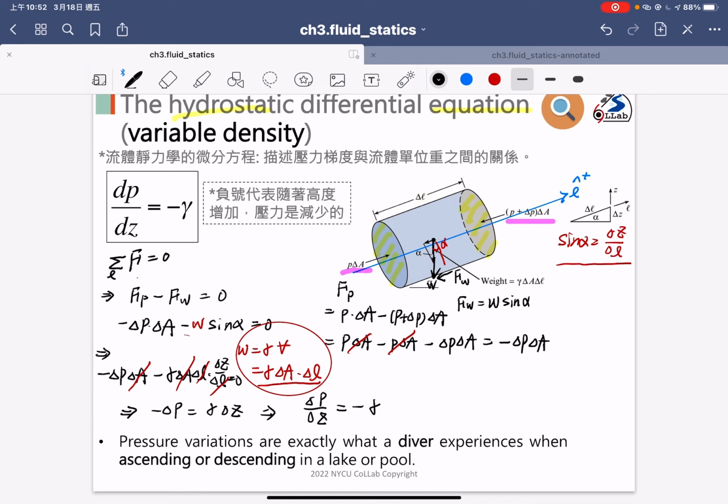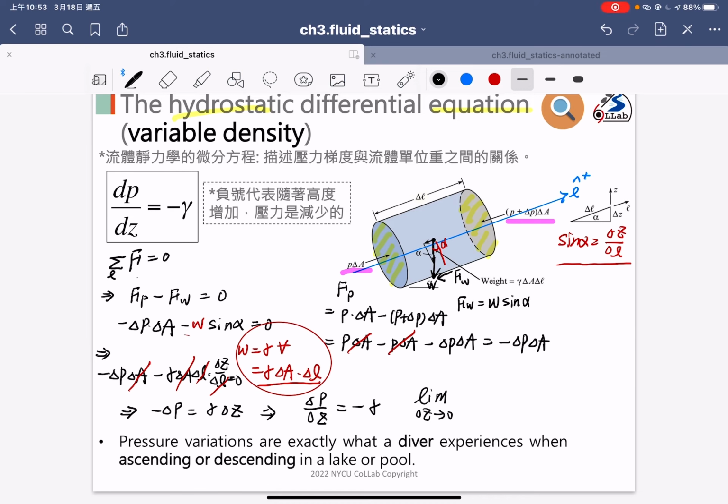Okay, so the only difference in here is that there is the differential, but here we use the delta. We use the delta, so we can assume the delta Z is quite small.